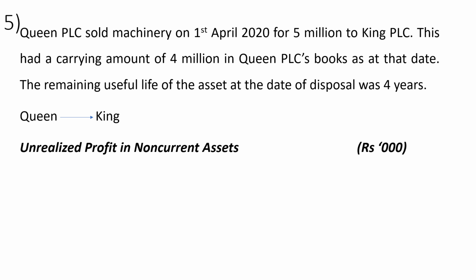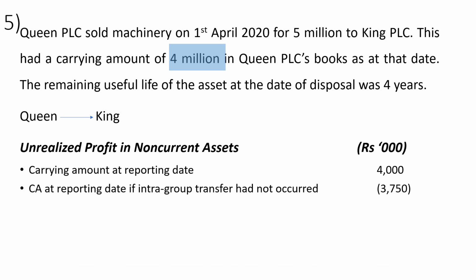So here, when Queen sold this asset to King PLC, we have to calculate the unrealized profit in thousands. The carrying amount at the reporting date is stated as 4 million. For that, we have to deduct the carrying value at the reporting date if the intergroup transaction had not occurred. So, this asset was bought on 1st of April 2020.